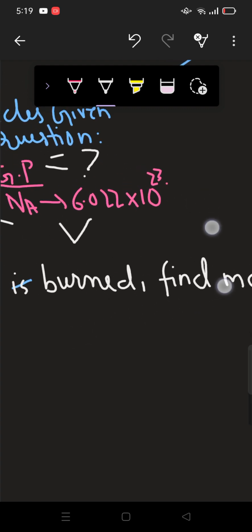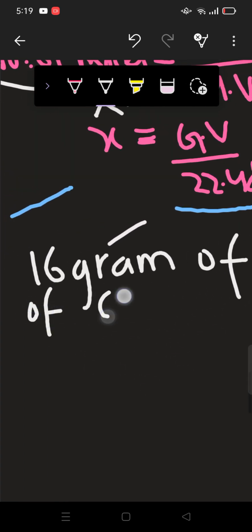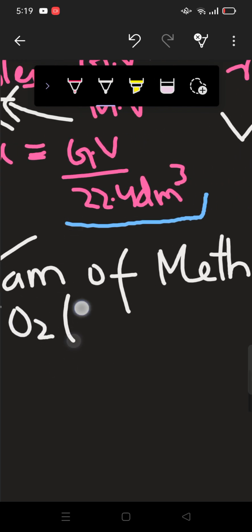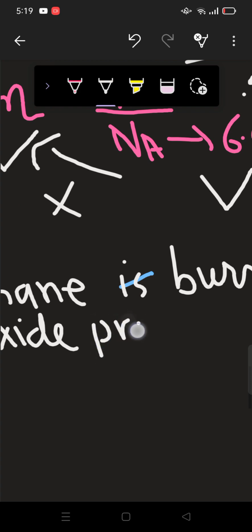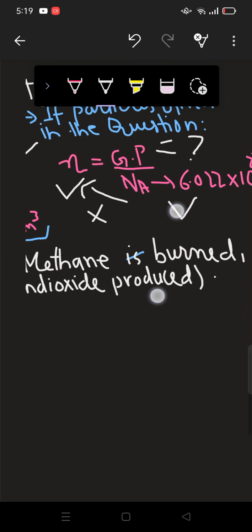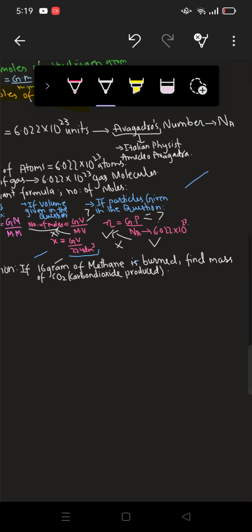Find the mass of carbon dioxide produced. We need to find the mass of the carbon dioxide produced when we are using 16 gram of methane, right?